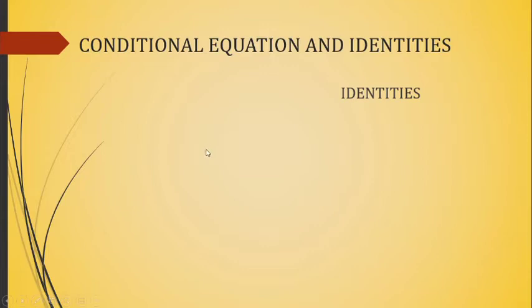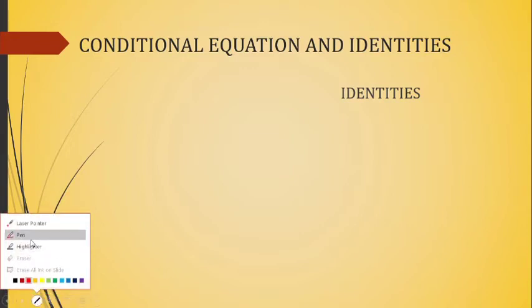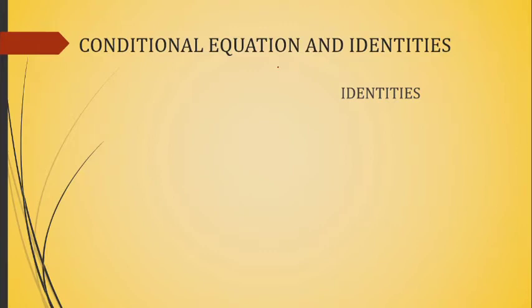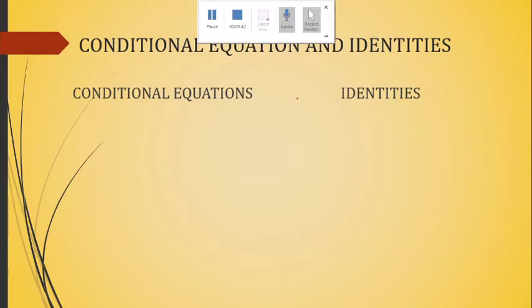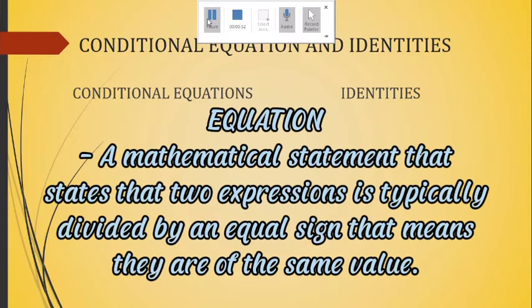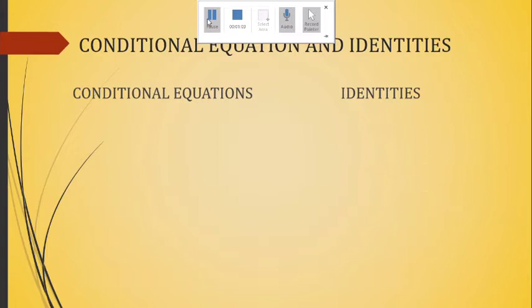Before we proceed with the whole lesson, we are going to compare conditional equations and identities. So what are conditional equations? In your general mathematics or previous mathematics class, an equation is a mathematical statement that two expressions, typically divided by an equal sign, have the same value.